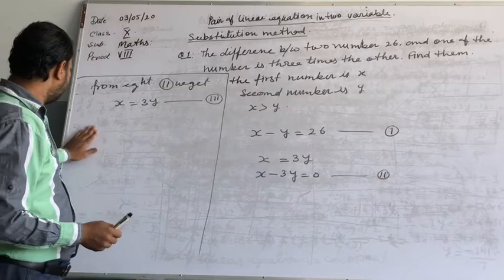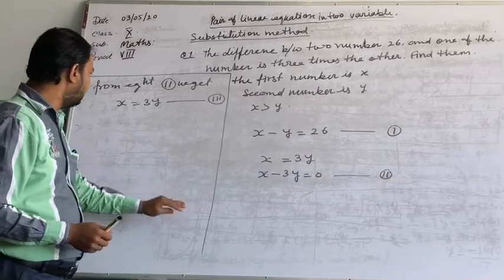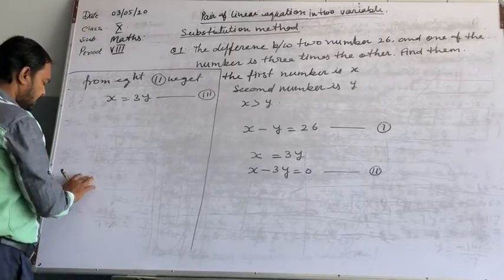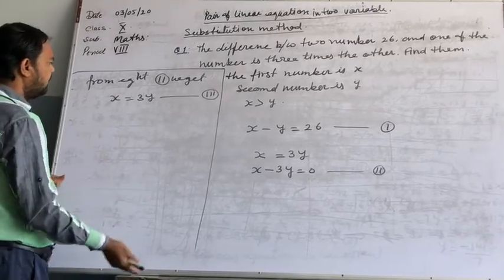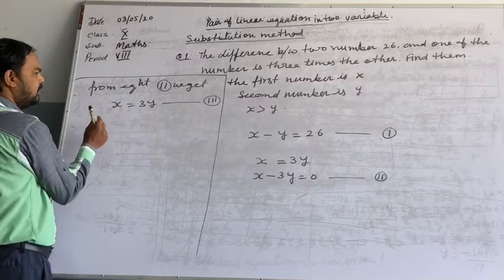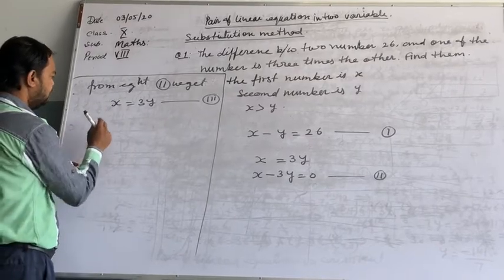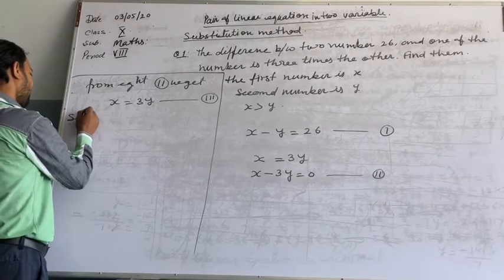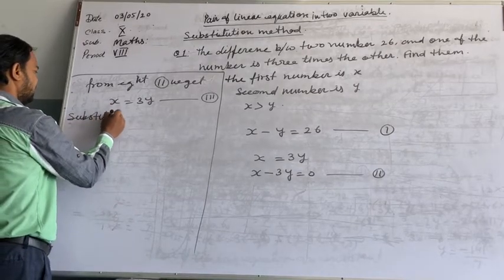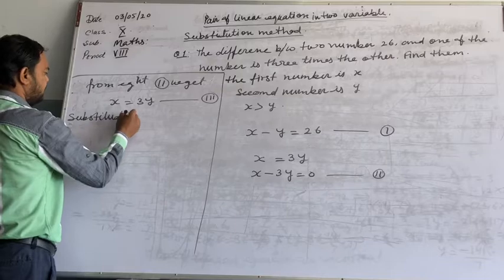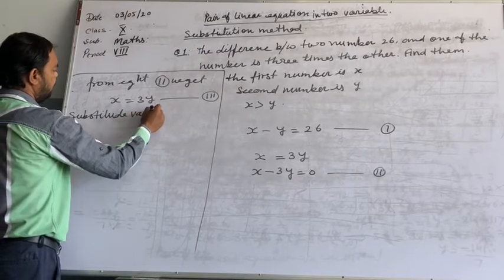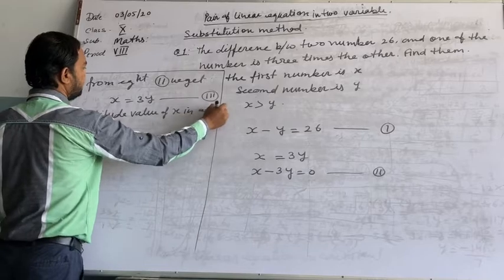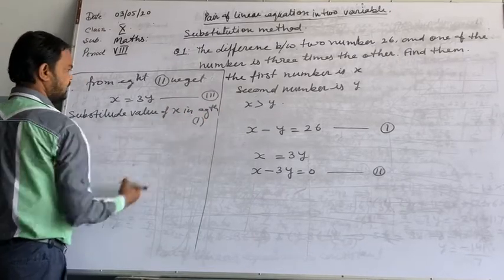As we know, we have to find the value of x in the form of y, or express x in terms of y. Here we find x equals 3y. Now substitute the value of x in equation first.